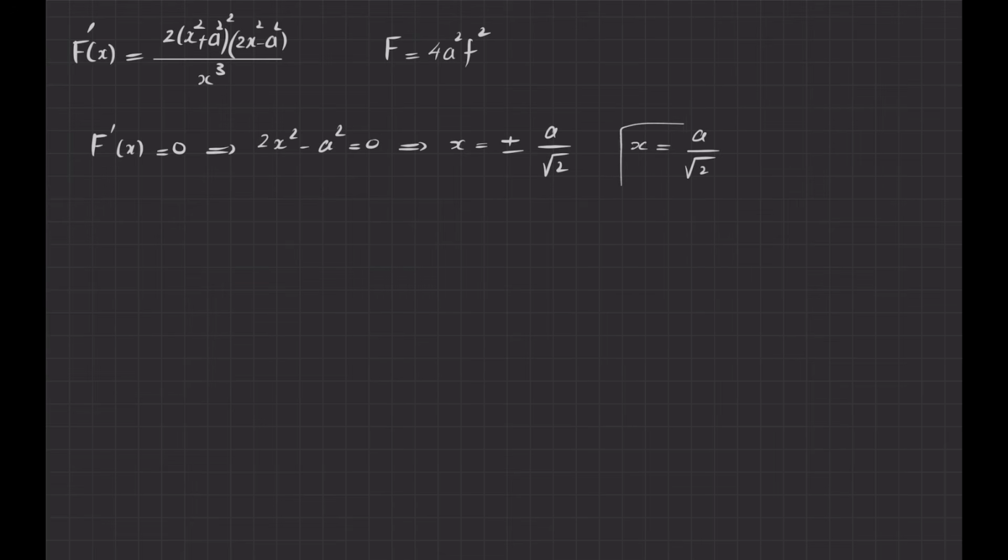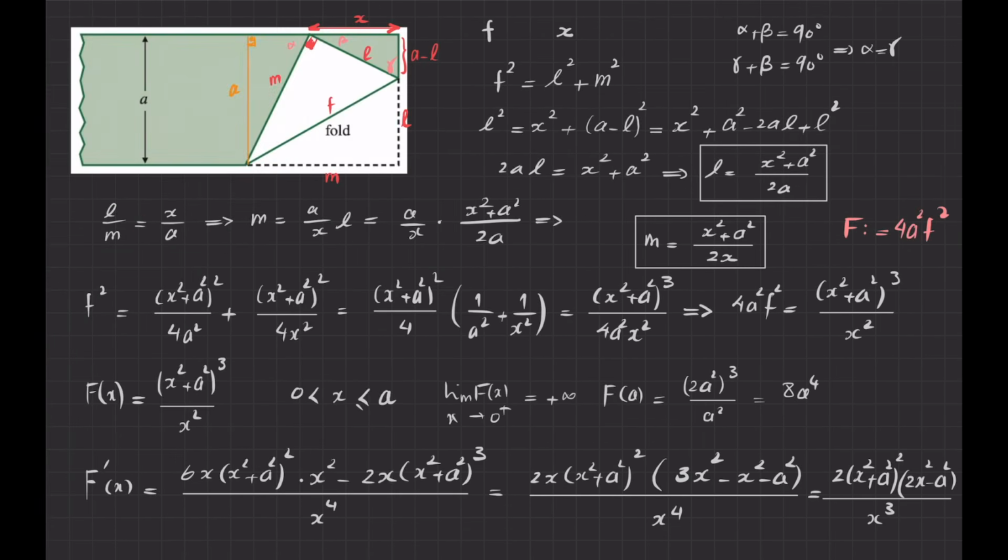But of course, it is still not clear that this is the minimizer. We also have to calculate the value of the function at that final point. So I calculate f of a over square root of 2. If I go back to the previous page, you see that this is my function, so I replace every x here with that quantity.